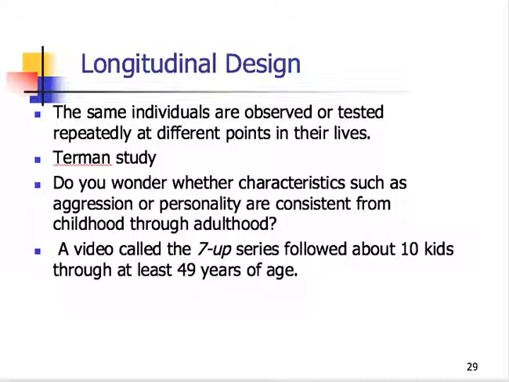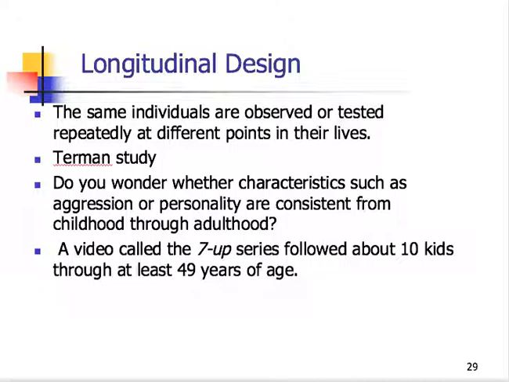There's a video called the 7-Up series, and I believe it's a BBC or British public broadcasting documentary. A group of children were followed at 7-year intervals starting at age 7. They're filmed at age 7 and 14, 21, 28, 35, 42 years of age, and so on.